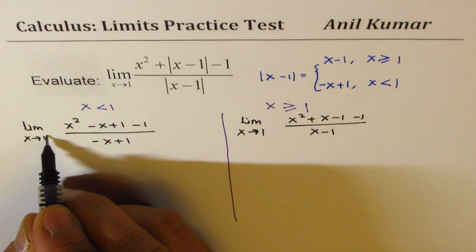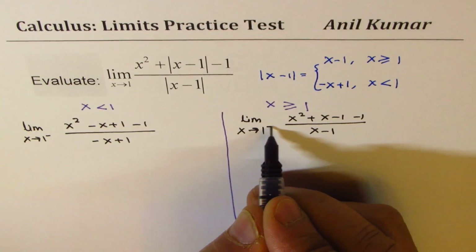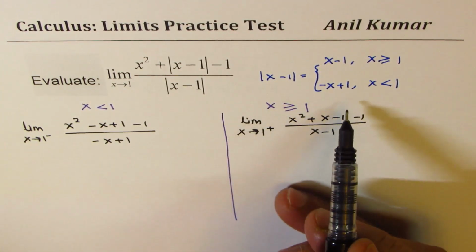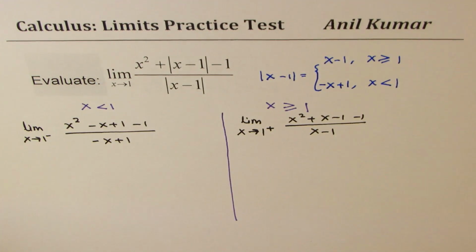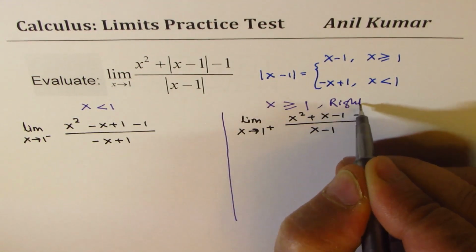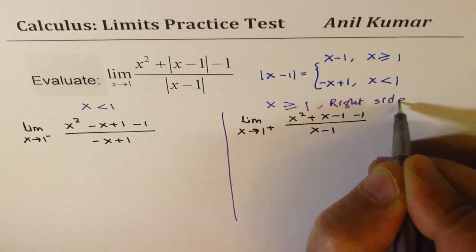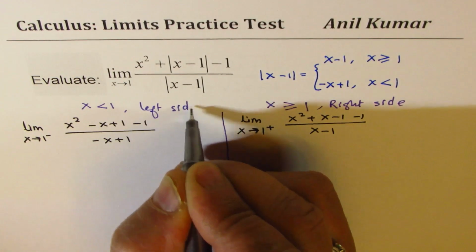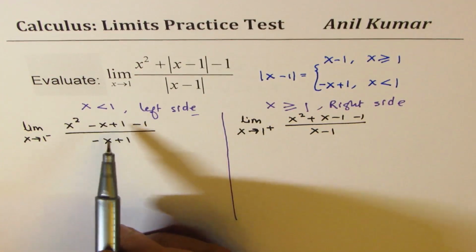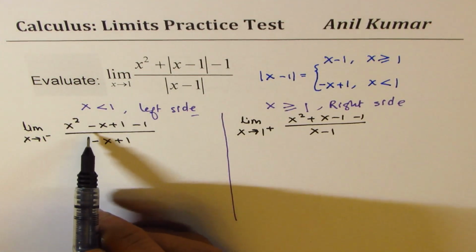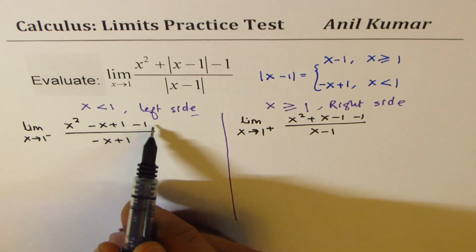Now this is from the left side and this is from the right side. So when we say x is greater than or equal to 1, that means we are approaching from the right side. And this is from the left side. Right? So 1 minus, correct? So in this case, if you simplify, 1 minus 1 is 0.